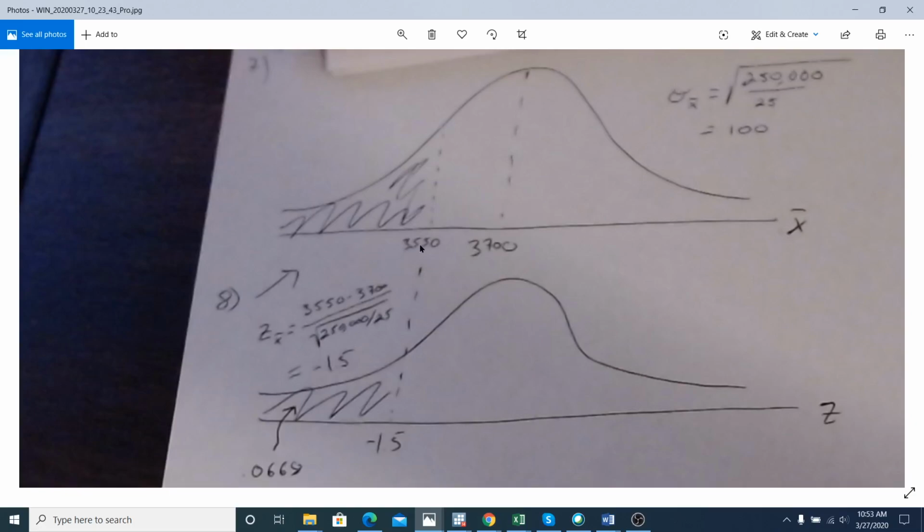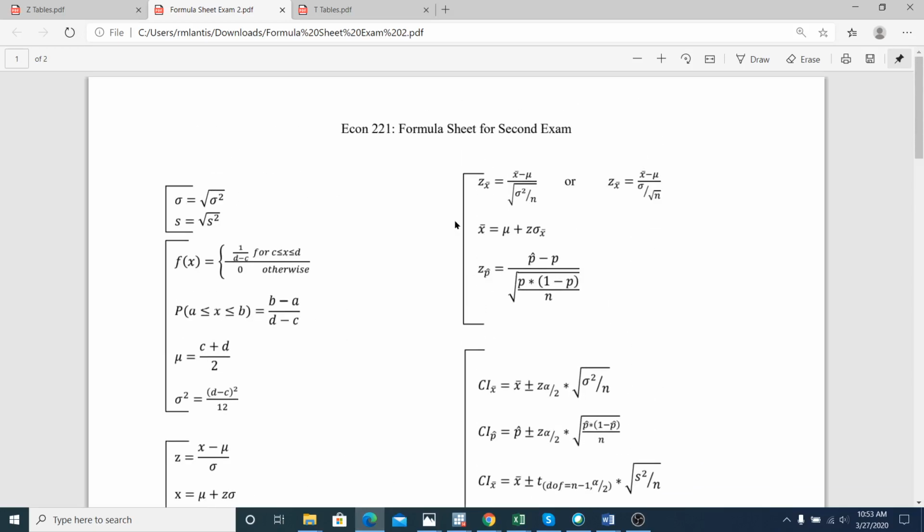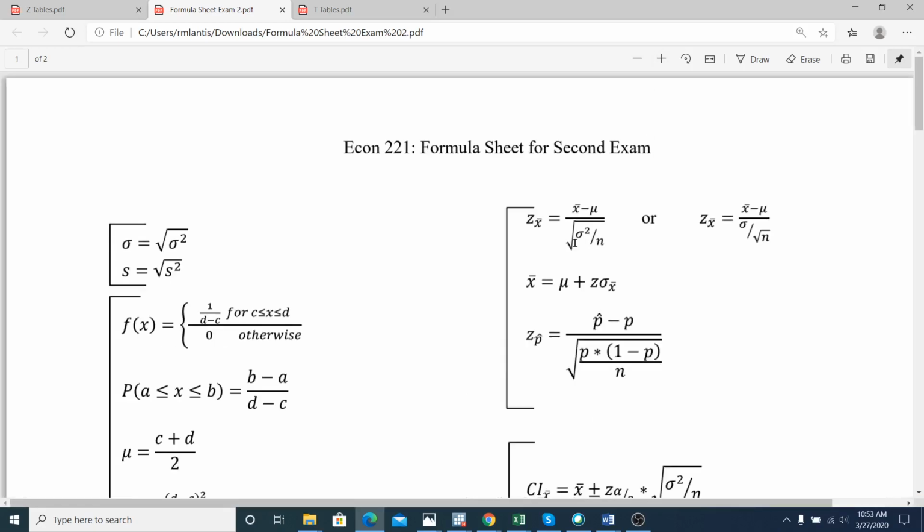So 3,550, how do I turn that into a z-score? As a reminder, if we look up here, this is how we find the z-score for sample means and sample proportions. We have a sample mean, so we take the sample mean value we're interested in, that cutoff, subtract our mean, and divide by the square root of our variance over our sample size.